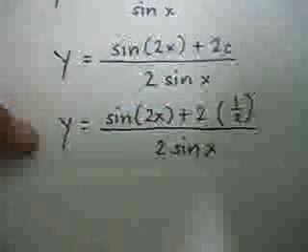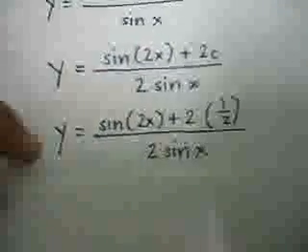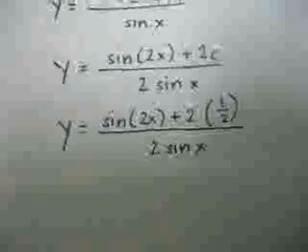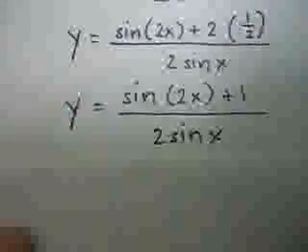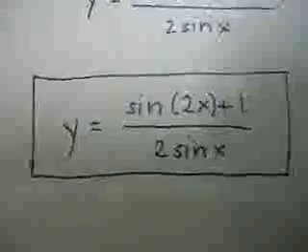And then we substitute c with 1/2. So in this case, we get y is equal to sine of 2x plus 2 times 1/2 over 2 sine of x. Since 2 times 1/2 is just equal to 1, we get y is equal to sine of 2x plus 1 over 2 sine of x. And that is our final answer.